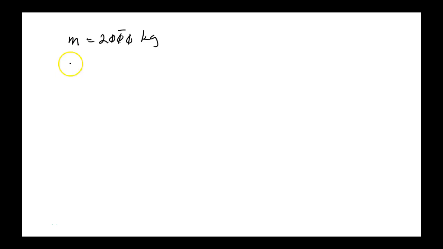What power, so we're looking for power, there's our unknown, is used to raise it to a height of 40.0 meters. 40.0 meters. What's that symbol? Our distance or displacement. What do we use for that, or the book uses anyway?